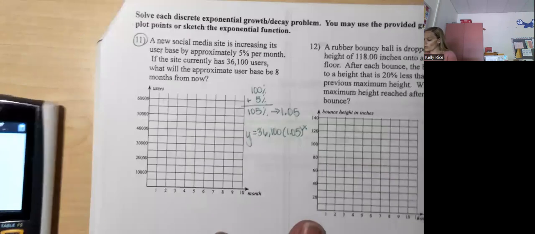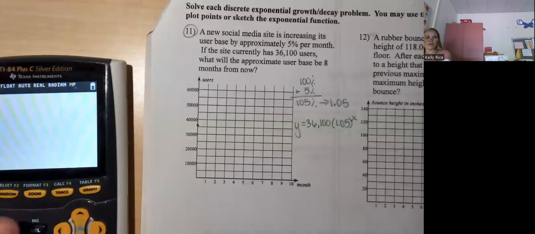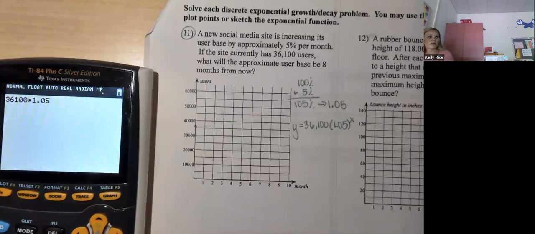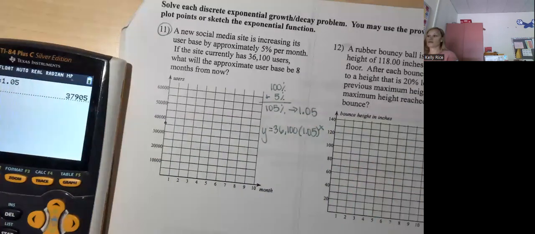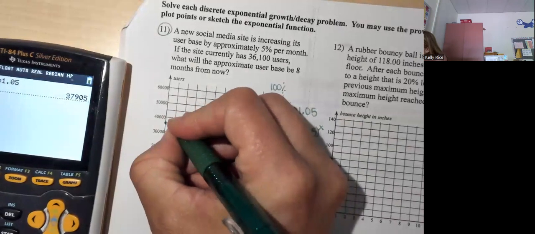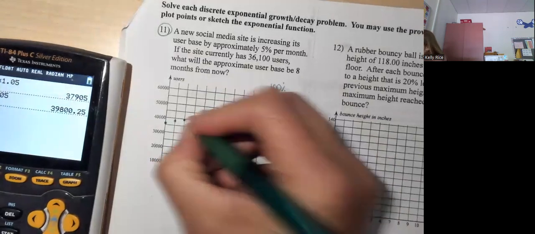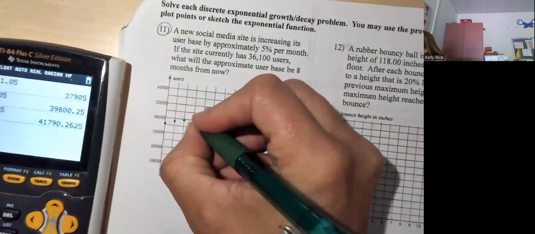So 36,100 is right here. I'm going to graph it just by multiplying 36,100 by 1.05 over and over again. Let me see if I can get that brighter. So almost 38,000. Almost 40,000. Close to 42,000.